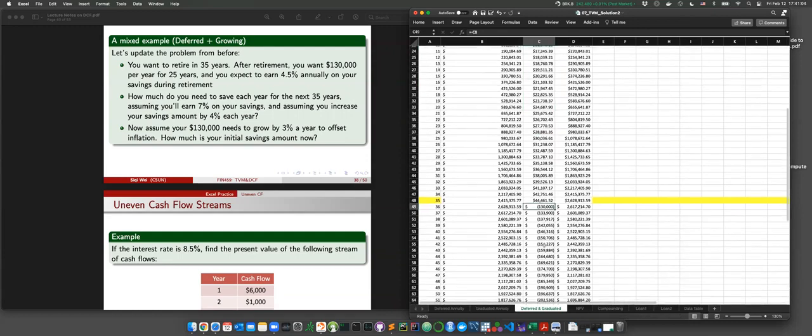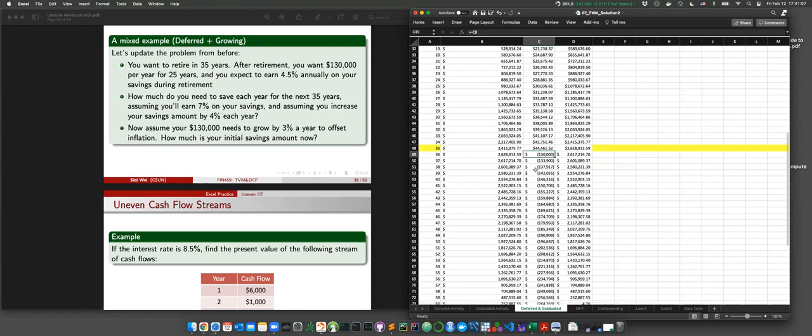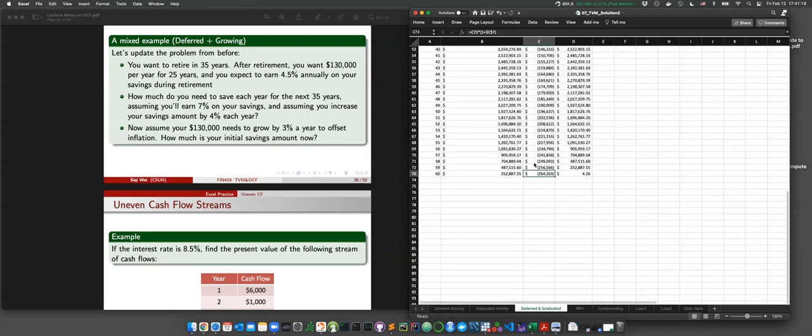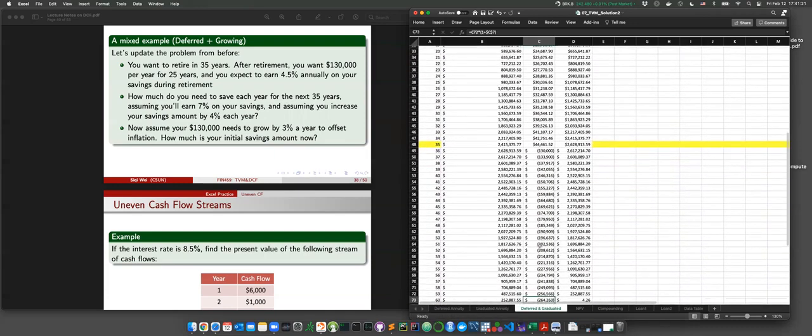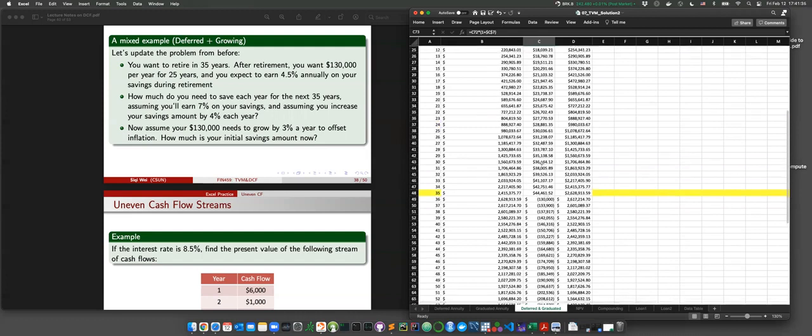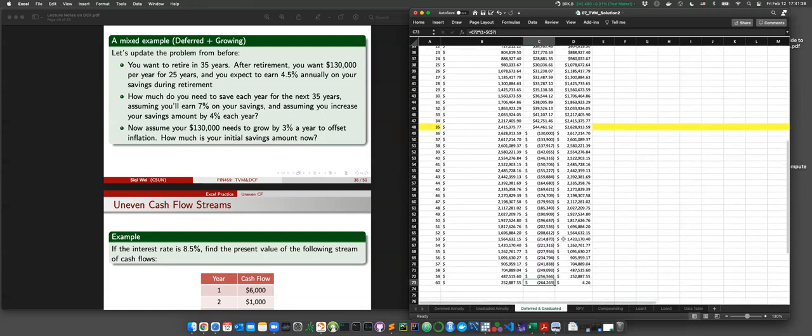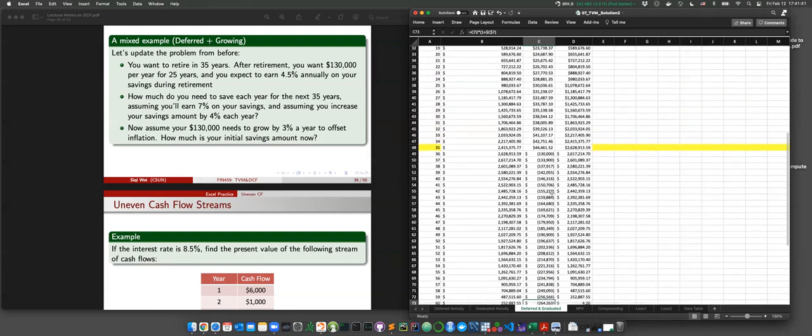For the retirement stage, starting from T36, you will see the spending amount is also growing over time. That's a major distinction. In this problem, you combine two streams of cash flows, which are both growing over time. You want to balance out the inflow and the outflow. That's the primary difference between this example and the previous example.